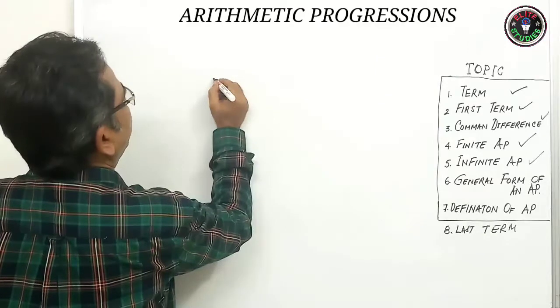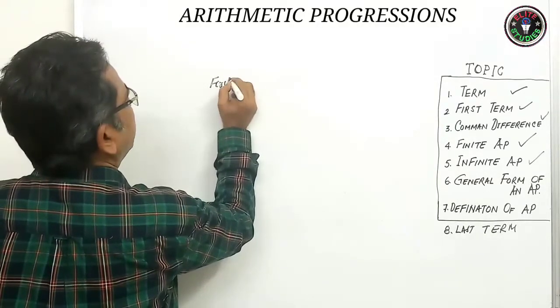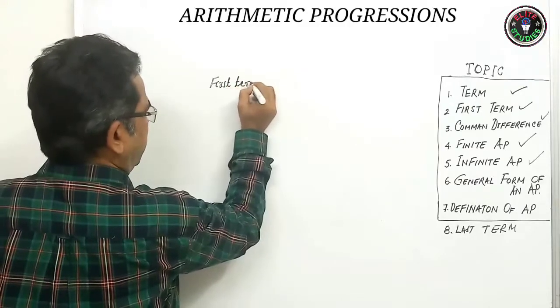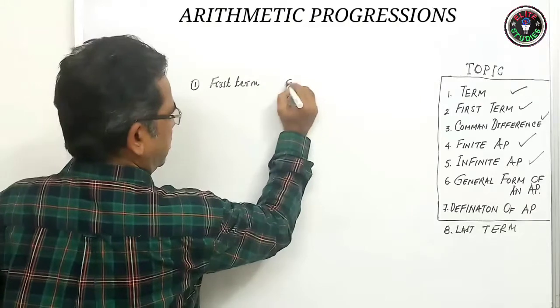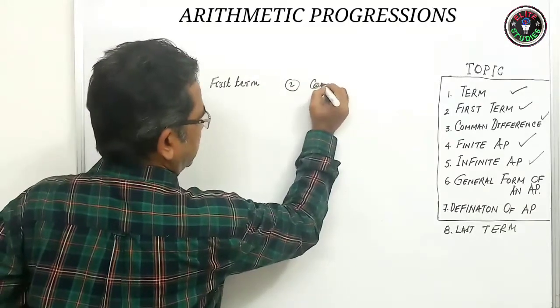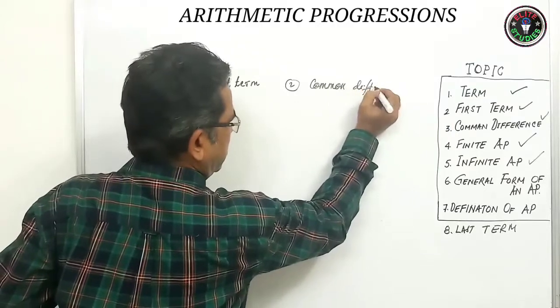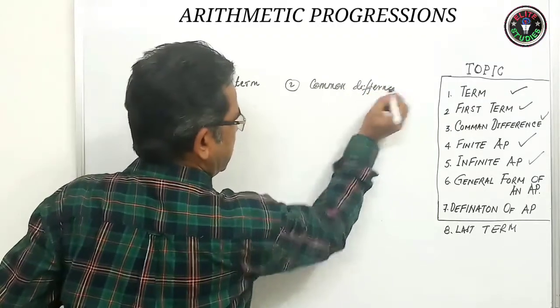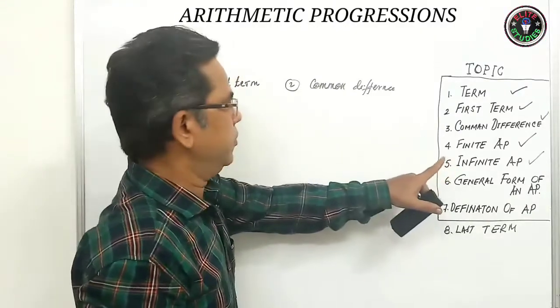One is the first term, and the other one you need is the common difference. If you know these two things, you can write the AP.